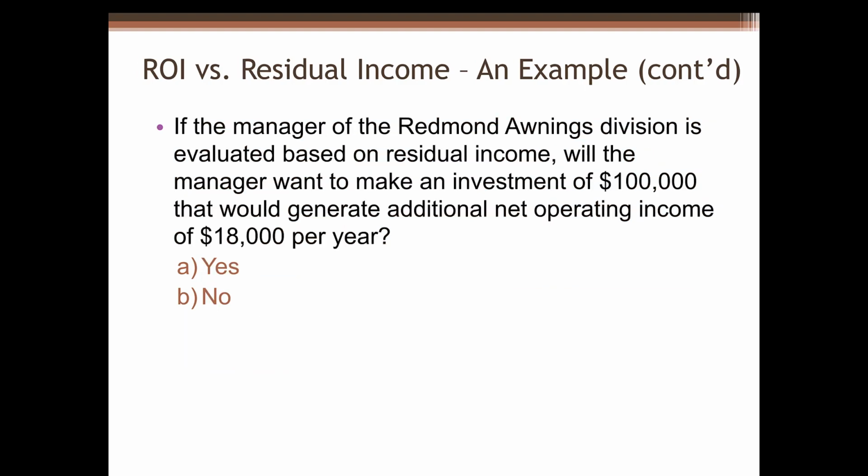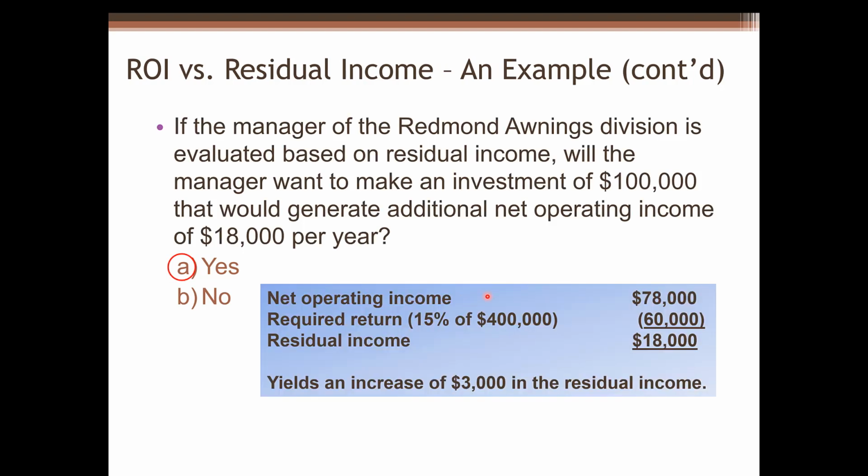Now, if the manager of the Redmond Awnings Division is evaluated based on residual income, where the manager wants to make an investment of $100,000 that would generate additional net operating income of $18,000 per year, we need to recalculate the residual income. Net operating income increased by $18,000, from $60,000 to $78,000.